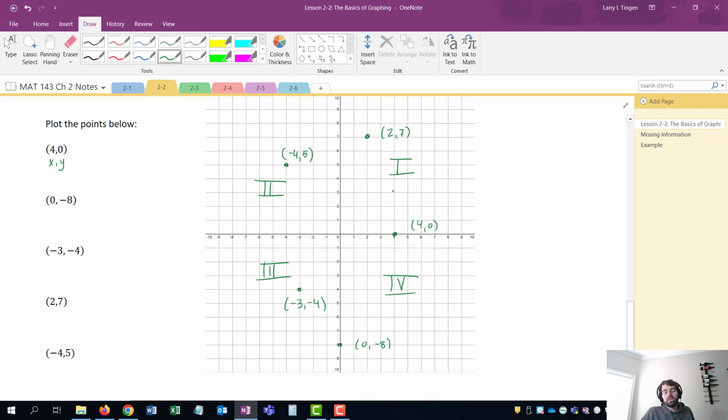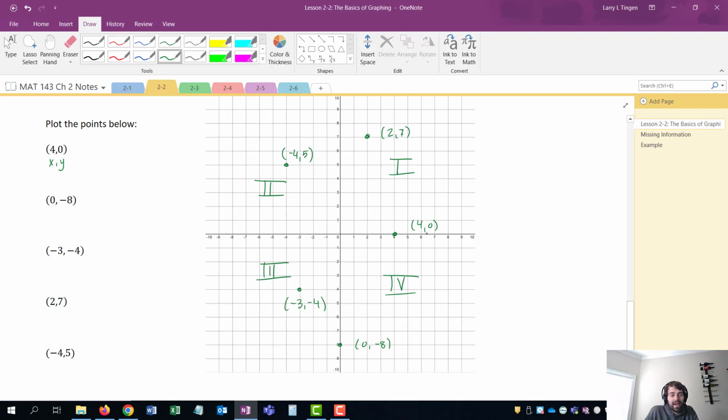And what's unique, or why we split them up, is because every point in quadrant 1 is going to have a positive x and a positive y. Everything in quadrant 2 is going to have a negative x and a positive y. Everything in quadrant 3 is going to be negative x and a negative y, and then everything in quadrant 4 is going to be positive x, negative y.